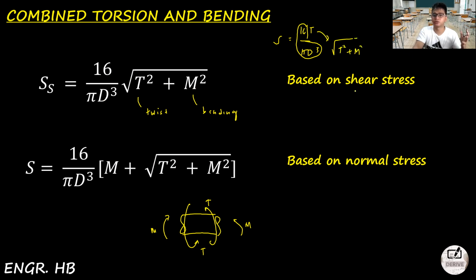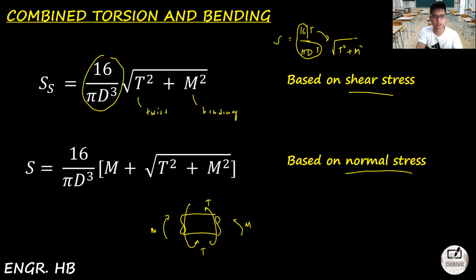No? So that was based on shear stress. How about kapag given is based on normal stress? So our formula is also 16 over pi d cubed, the same as this, times mo lang sa M plus square root of T squared plus M squared. Parang nangyari, nag-retain si T squared plus M squared, kaso nagdagdag ka naman ng additional bending moment kasi may derivation ito.